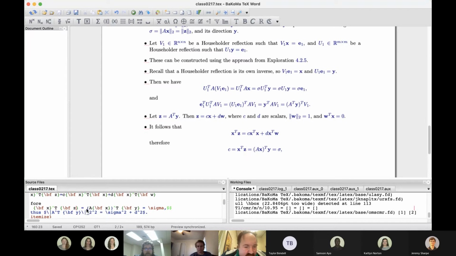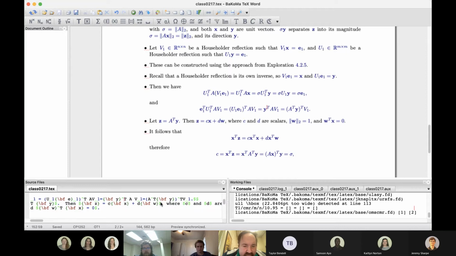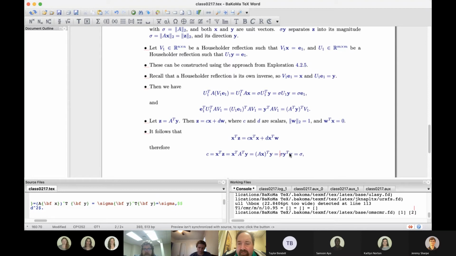But Z is equal to A transpose Y. And using the properties of transposes, that can be rewritten as AX transpose Y. But from what I have up above, AX is sigma Y. So if I fill that in, now I have that.